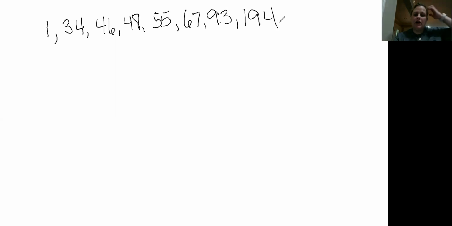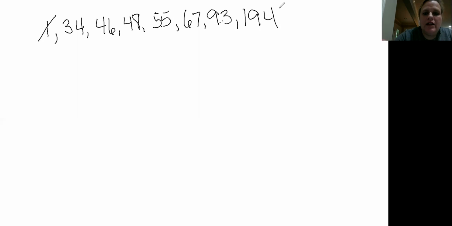Now, if we were to plot this on a dot plot, it would be easy to see that 194 would be like a big outlier. Like it's just kind of way out there on its own. Okay, so we have 1, 2, 3, 4, 5, 6, 7, 8. 1, 2, 3, 4, 5, 6, 7, 8.